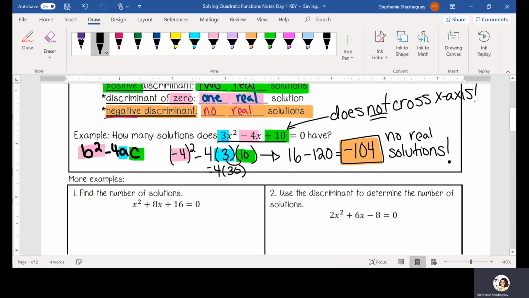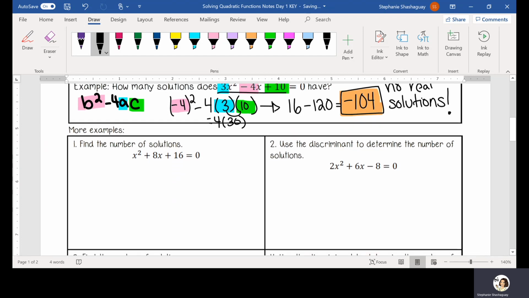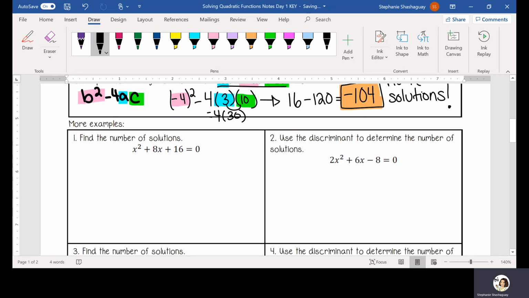Okay, so here are a few more examples. It says find the number of solutions for x squared plus 8x plus 16. So we're still going to use our formula b squared minus 4ac. Okay, remember that, I have to highlight that in order, sorry.